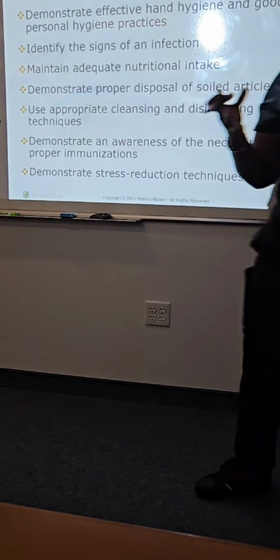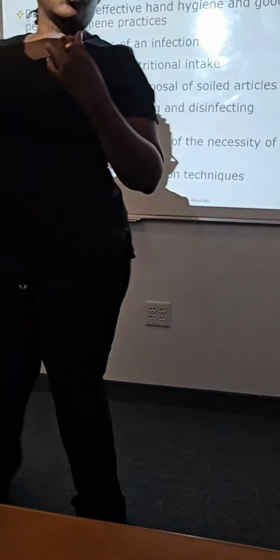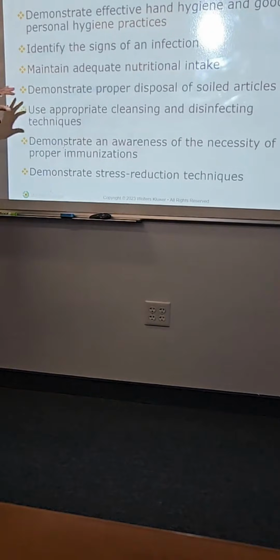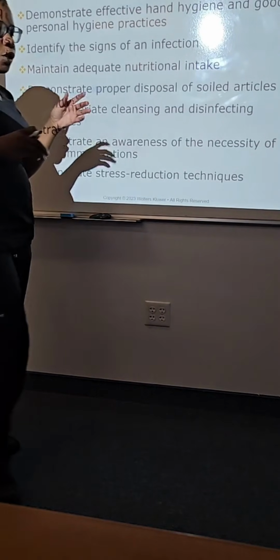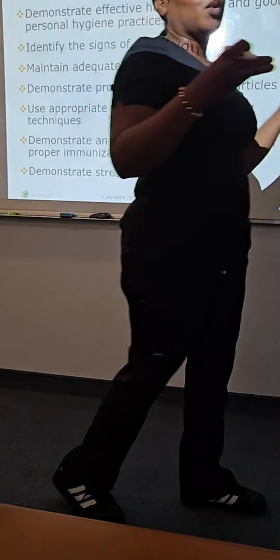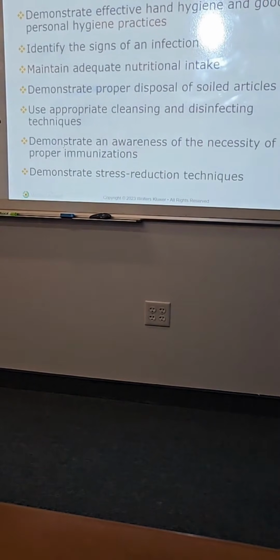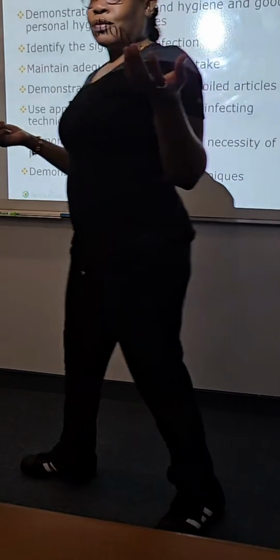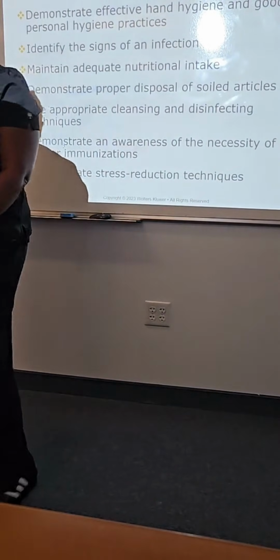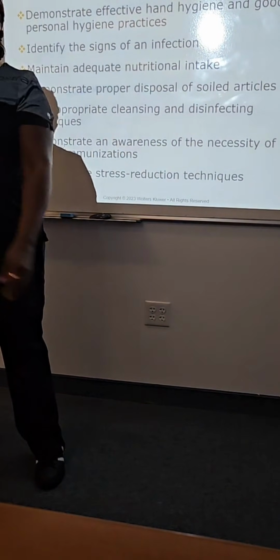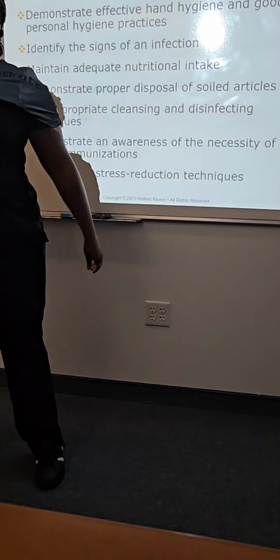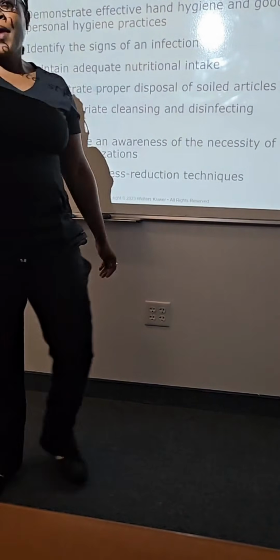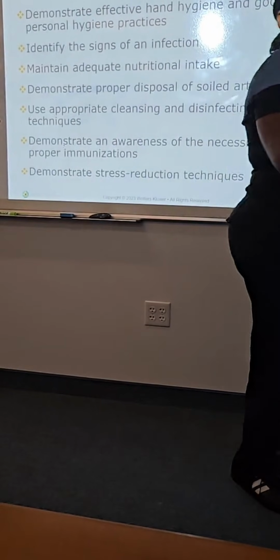Now, in your test question, they might ask how do you know the patient has this type of infection, and what's an appropriate food choice? What would you encourage? Omega-3? For the heart? You know what, I'm going to put that on the test question.